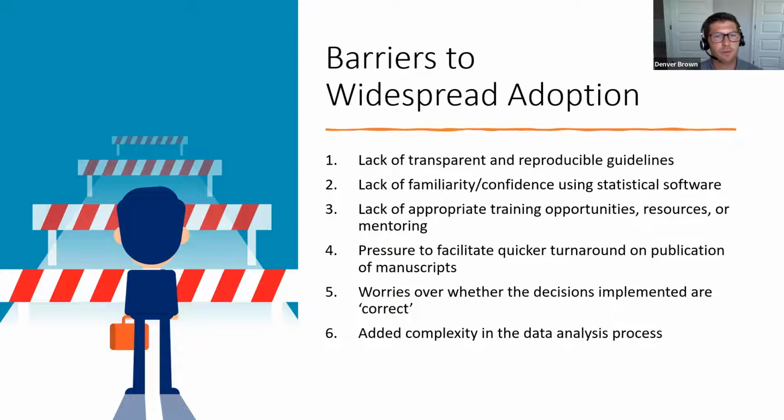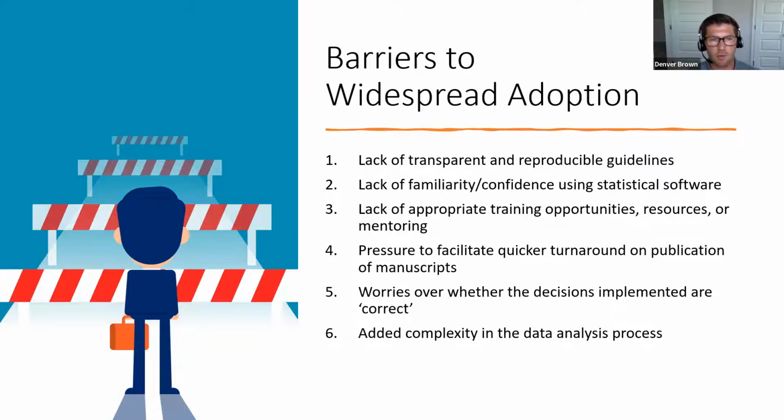Another one is a lack of familiarity or confidence using statistical software. This is something that people can learn, and hopefully I'm providing you with some familiarity about what multiple imputation is, and you have the time that you can go view how this can be implemented. At the same time, we know that there are also some disparities in terms of training opportunities, resources, or mentoring that people might encounter.